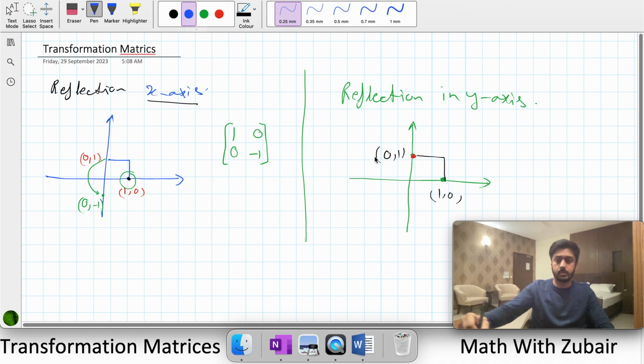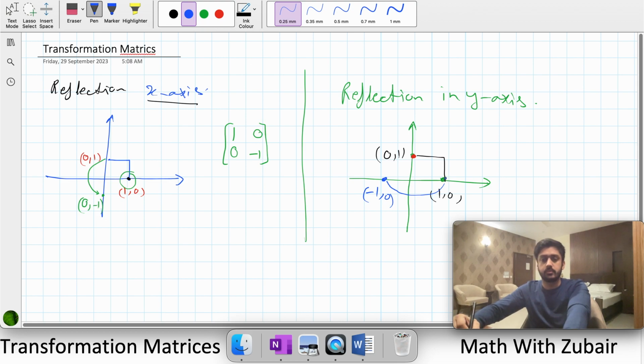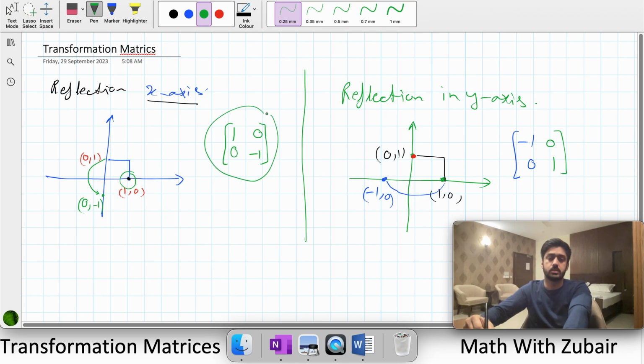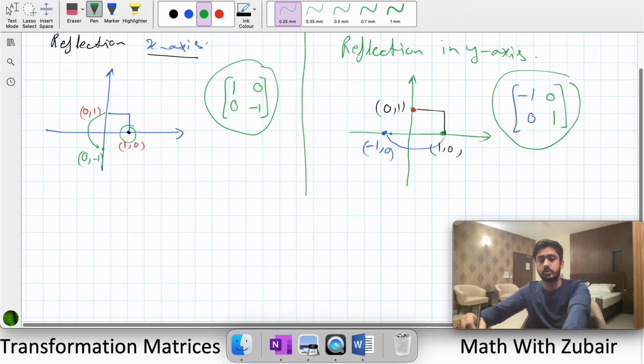This point right here reflects in y-axis and becomes x minus 1 and y0. So you always write the point which was on x-axis, that became minus 1, 0, and the point which was on y-axis is unchanged, so it is still 0, 1. So reflection in x-axis, this is the matrix. Reflection in y-axis, this is the matrix. You cannot memorize them, so please understand.